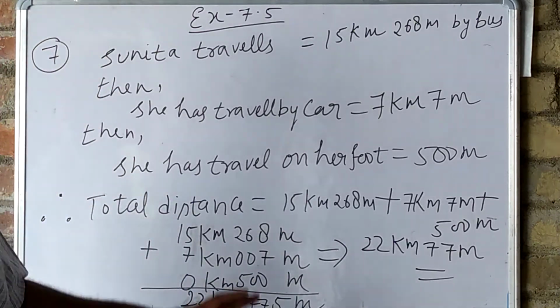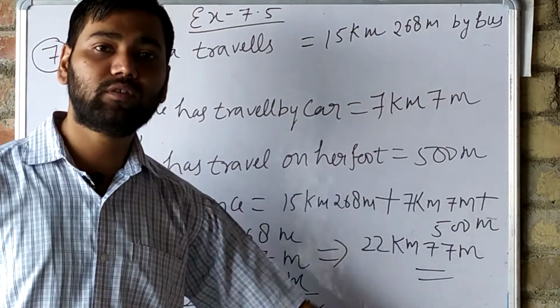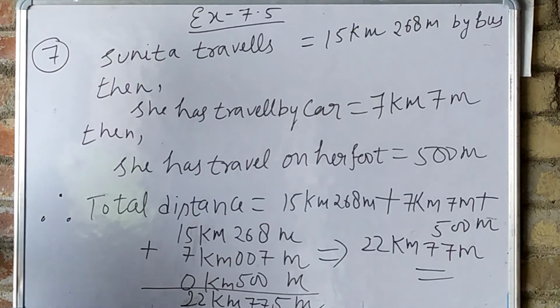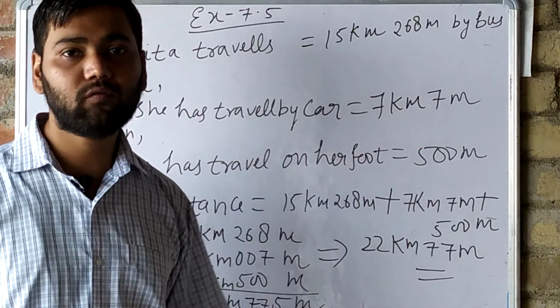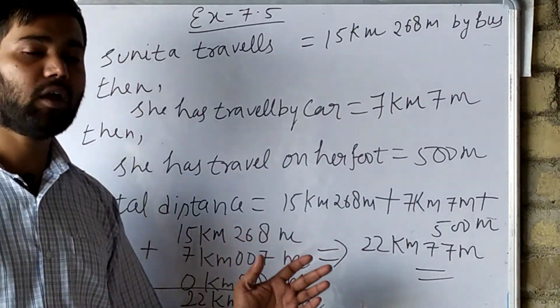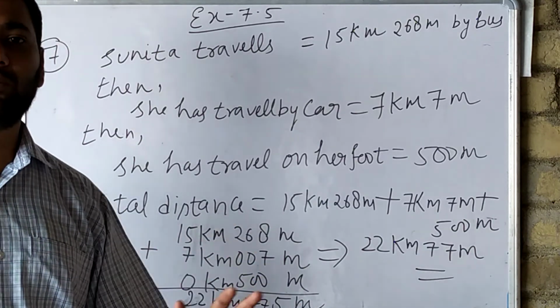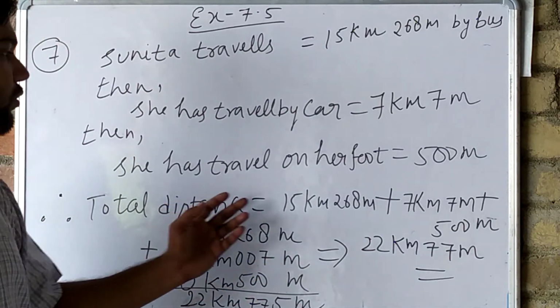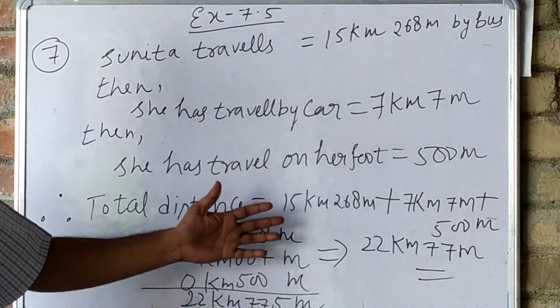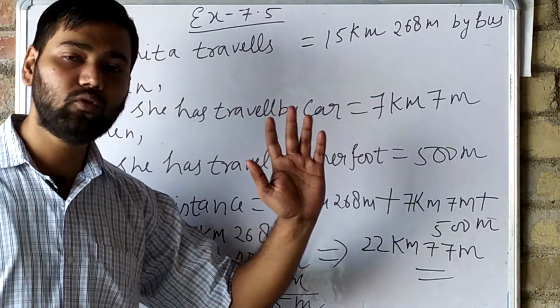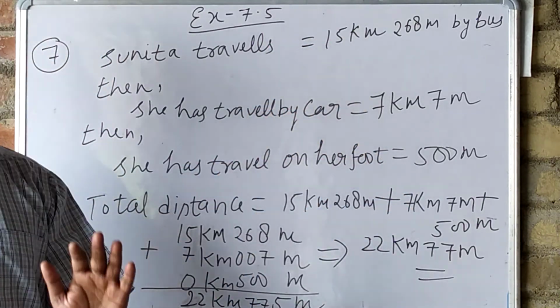Okay, so Sunita travels 15 kilometer and 268 meter by bus. Then she has travelled 7 kilometer and 7 meter by car. Then she has travelled on her foot 500 meter. After that we have to find the total distance covered by Sunita to reach school from her home. So what we have to do? We have to add the total distance, and we will add without converting also. If you are converting into 1 unit, after that you are adding, that is also correct.